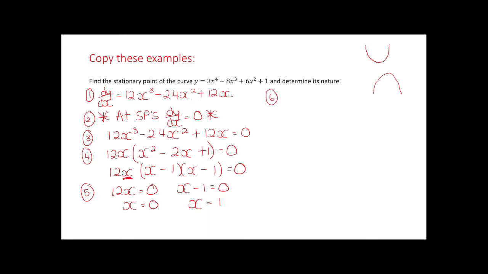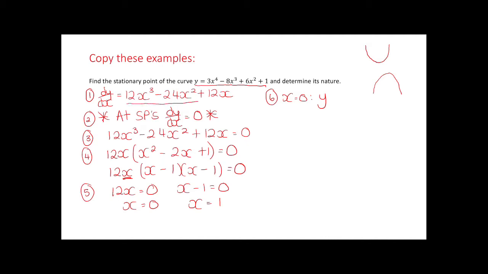So step number 6, we're going to determine where the points happen. So we know that they happen when x is 0 and x is 1, but we need to know the coordinates of that. So when x is equal to 0, we need to find y. So looking back to your original function, which is this one here, and that's very important, you always have to go back to your original function now.